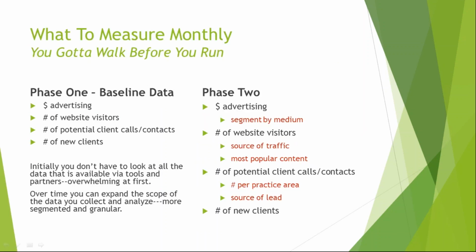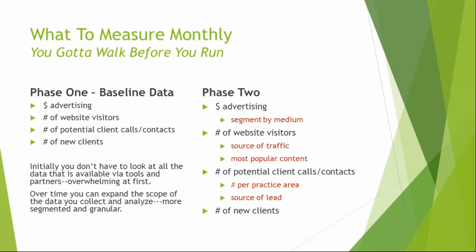There we go. Okay. So phase one, and this is mostly what we're going to work on today, is you have to start somewhere. So your baseline data is going to be how much money are you spending on advertising, the number of website visitors, the number of potential client calls you get every month, and the number of new clients you sign up.